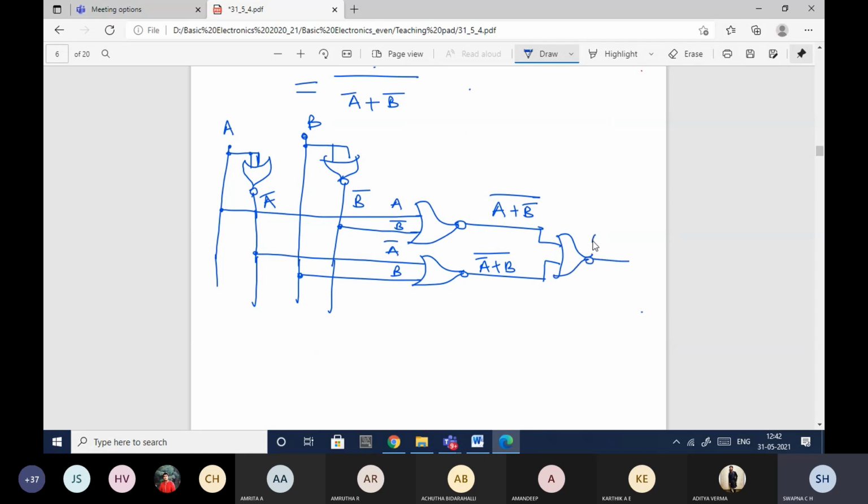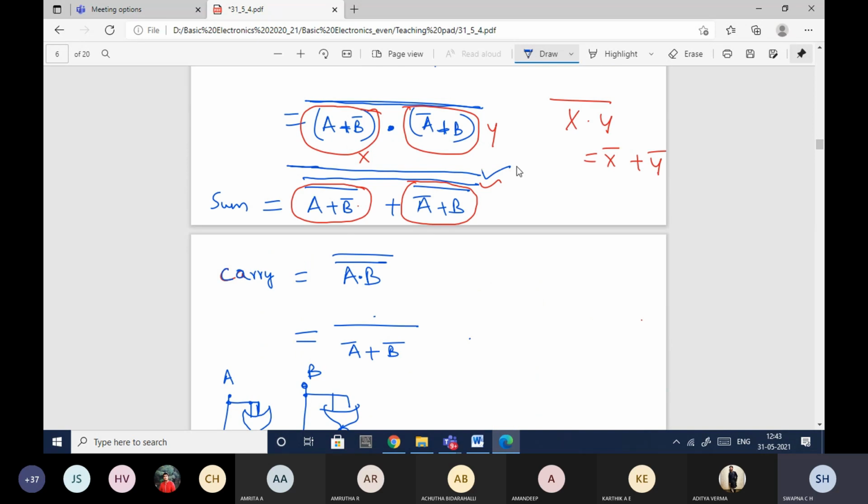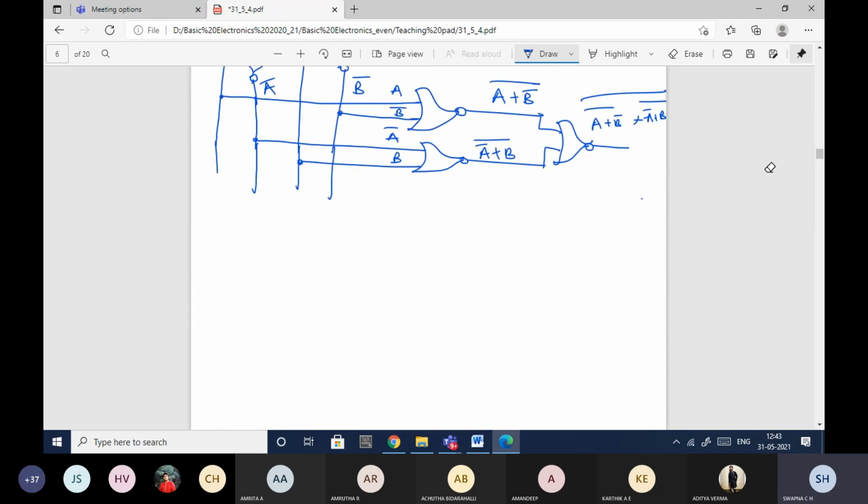I'll get A plus B bar whole bar plus the other input A bar plus B whole bar, this plus this whole bar, I'll get here. But if you see the equation, I have one more bar. For one more bar, I have to use the NOT gate, but I cannot use it. So I'll use the NOT equivalent NOR. Here I don't have a single input NOR gate, so both the inputs I'll connect to the same point, so that I'll get sum here.